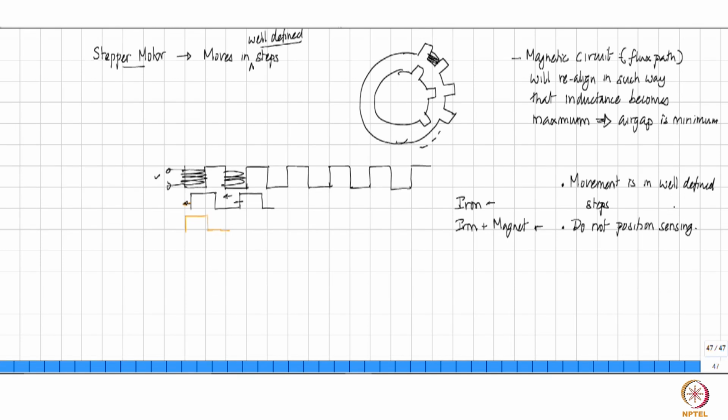Next energization you give a further amount of that angle. Third energization, another angle. So the number of such steps that you have given indicates what is the angle by which the rotor has moved, right? So you do not need to have any special mechanism to detect the rotor angle, so you don't need this.